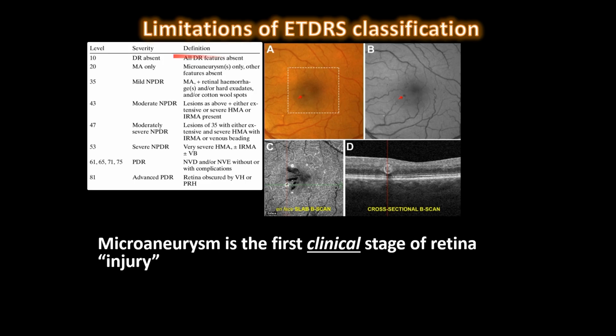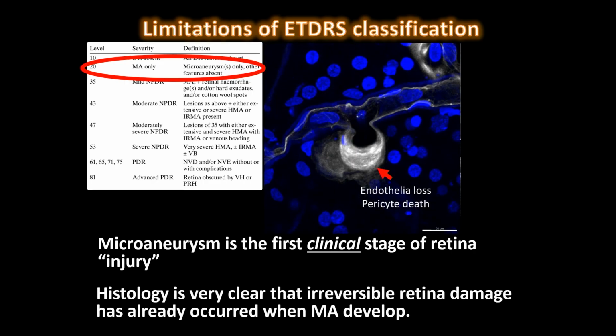So if you were to speak about the early detection of diabetic retinopathy, as everyone in the audience would know, the clinical classification of this still goes back to the ETDRS publication published in 1991, which informed us that using color photography, the first sign of retinal injury is the formation of a microaneurysm.